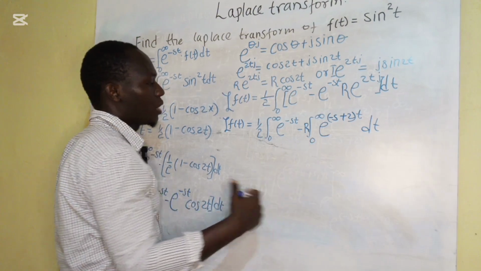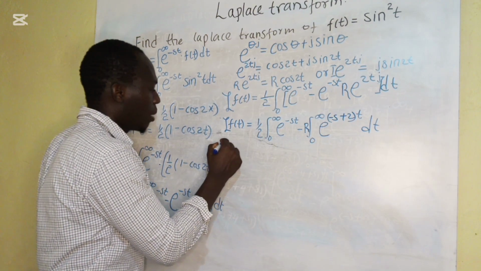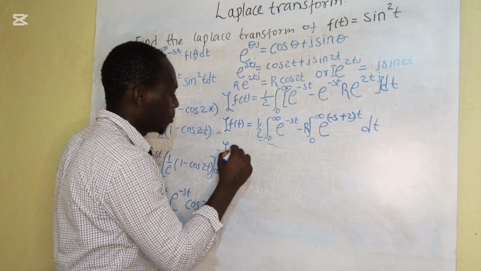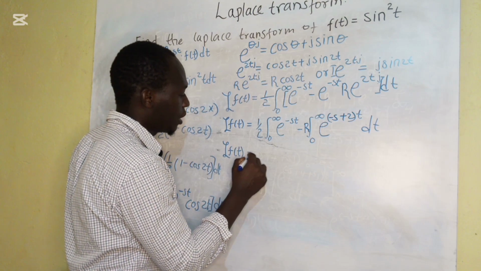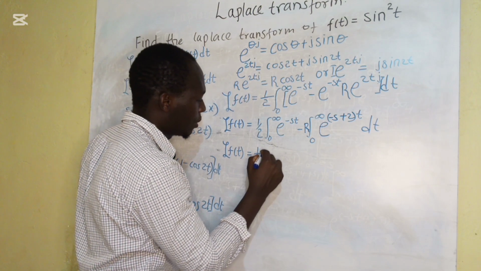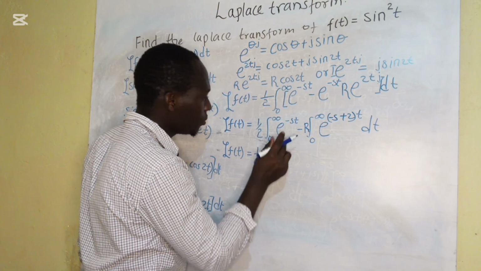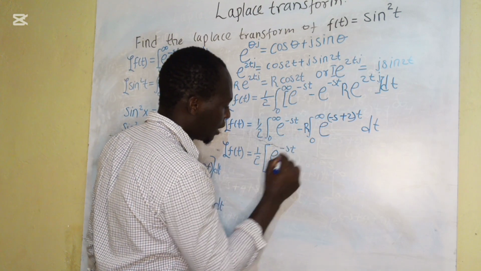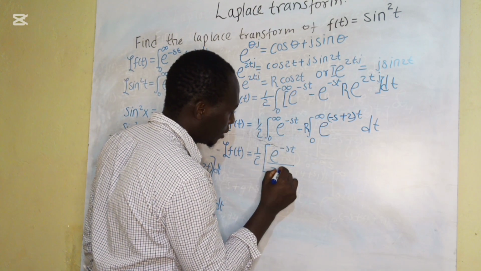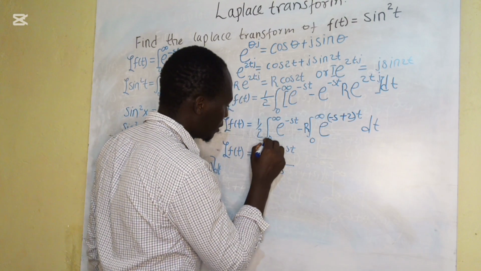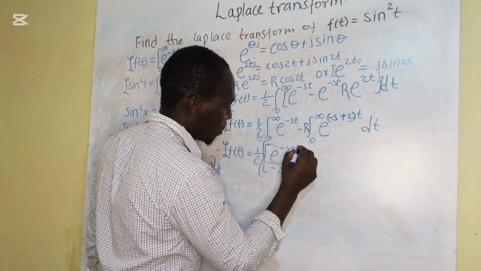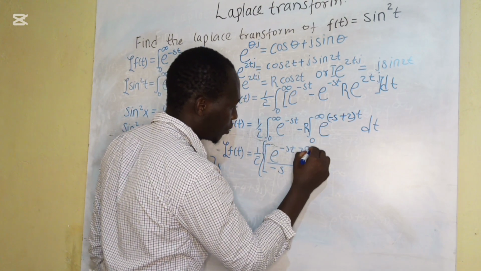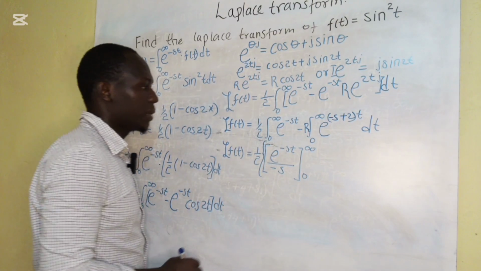From this point now, we can just do our integration, whereby we understand the Laplace transform of our function f of t is going to be a half into, here we are going to have exponential negative st all over negative s. Here we are going to have our class limits.